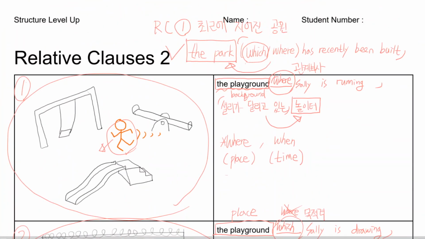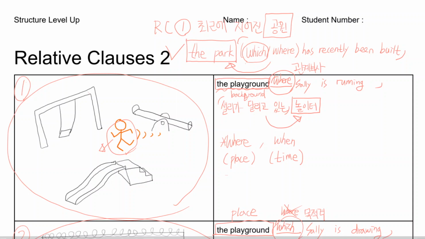So here, what kind of situation do you think this is? 최근에 지어진 공원. Do we do something in the park? 최근에 지어진 공원. Or are we doing something to the park? Or the park itself is doing something? What do you think? Yes, at this time, the park itself is doing something as a subject.